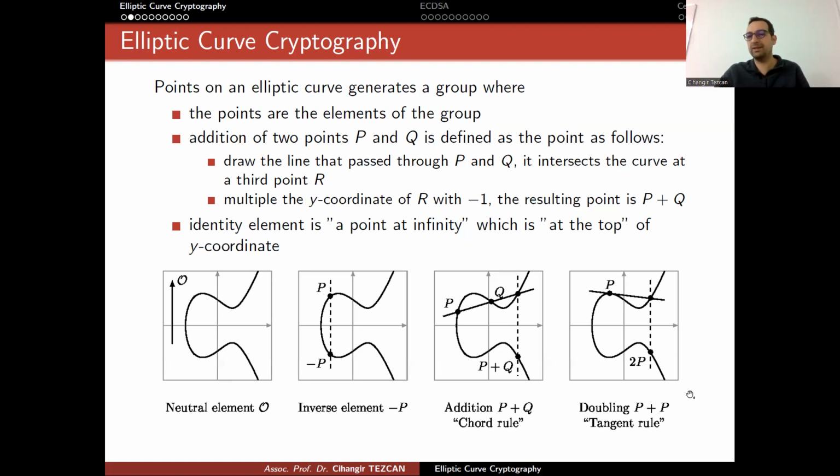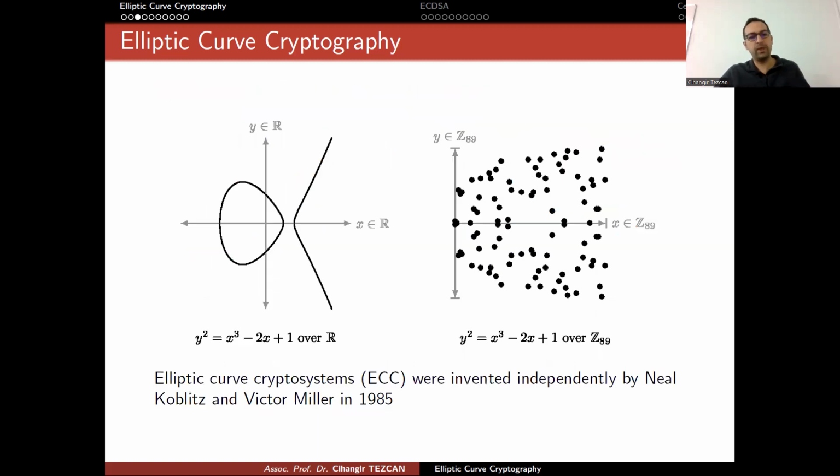We are adding the point to itself, and in our scalar notation, 2P or 10P is not the multiplication of P with 10, it is just adding P to itself 10 times, okay? These are important.